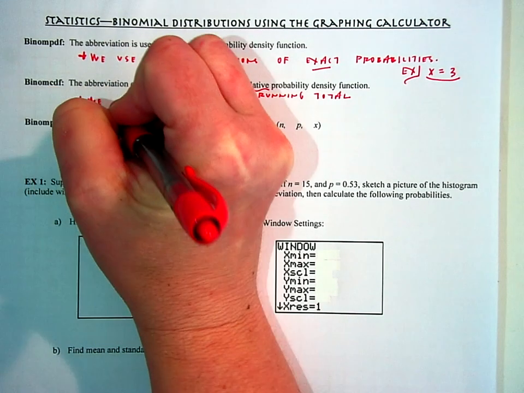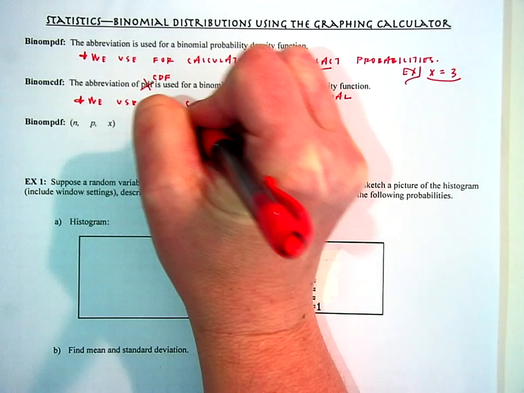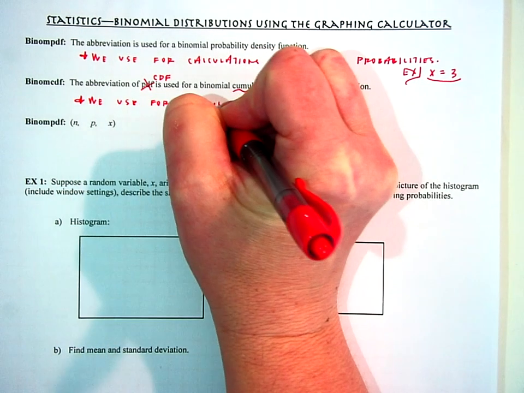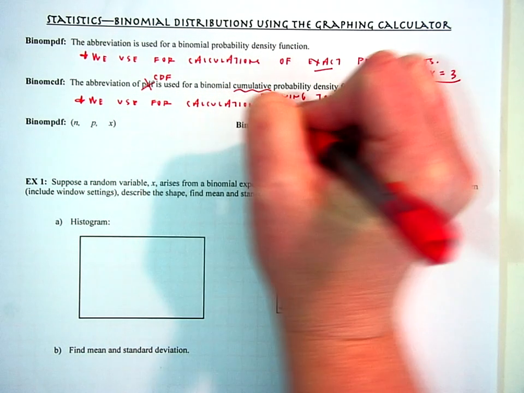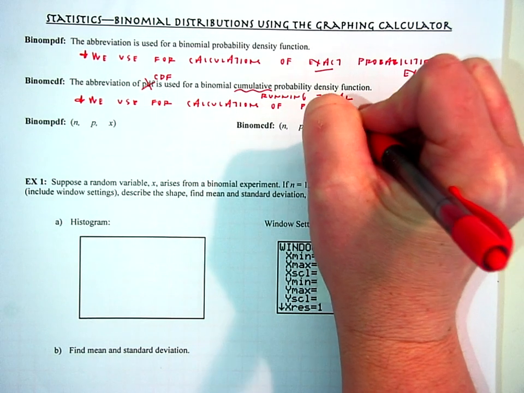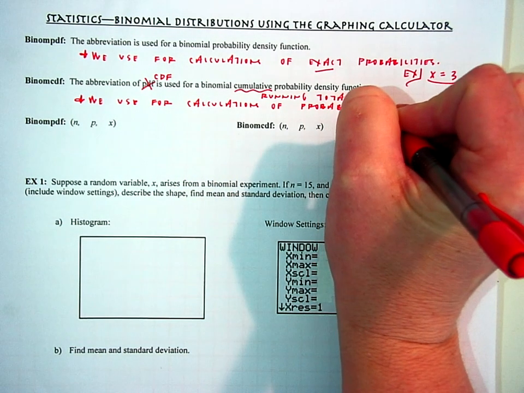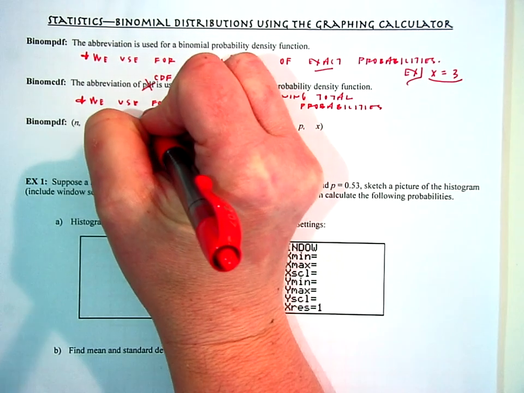So we use it for calculations of probabilities over a spread of values.